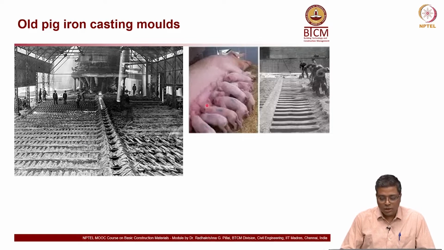So, you can see one main channel here through which the molten material is poured, and it flows down and then flows to the left or right. As you can see in this black and white picture on the left side, the hot molten iron is flowing down and then flowing into these small molds in that area.